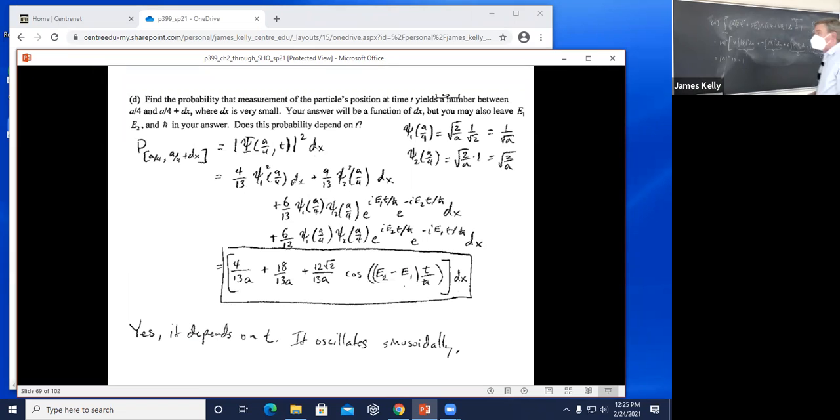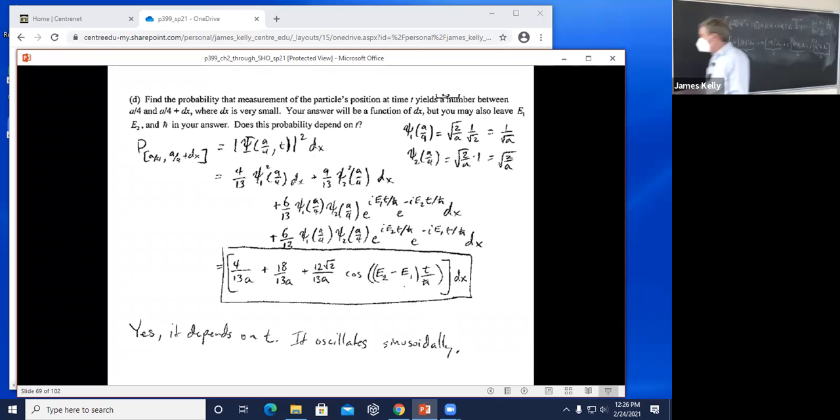Now, I know none of you got to D, but let's just read and think about D together. Find the probability that measurement of the particle's position at time t yields a number between a over 4, that's somewhere in the well, and a over 4 plus dx.